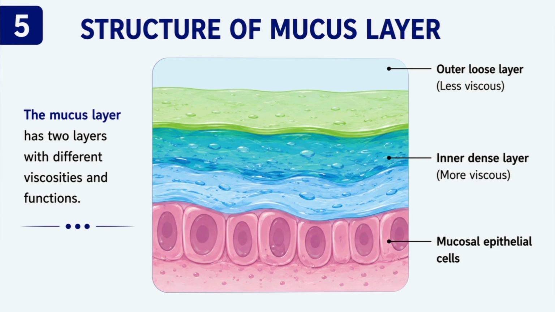Imagine a layered dessert. The upper layer may be looser, while the lower layer is denser. Similarly, mucus is not simply a uniform layer of water. Its structure and rheological properties influence the interaction of the mucoadhesive polymer with the mucosal surface.